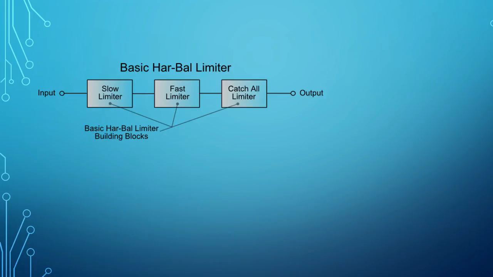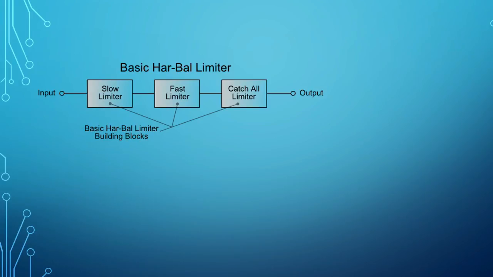A slow-acting limiter, followed by a faster one, and finally a catch-all one to clamp down on any short transients that make it through. The settings of each have been painstakingly optimized for the most neutral sound. By breaking the limiter down into stages in this manner, we can reduce the degree of limiting artifacts significantly.